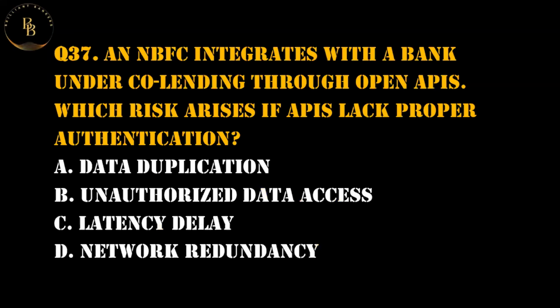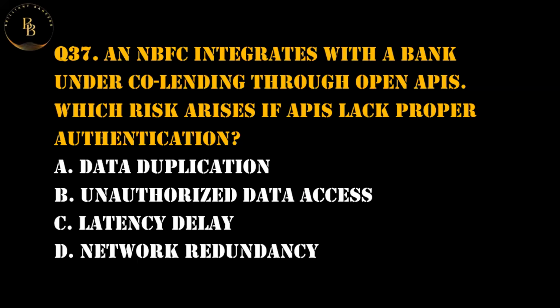Question number 37. An NBFC integrates with a bank under co-lending through open APIs. Which risk arises if APIs lack proper authentication? Is it data duplication? Is it unauthorized data access? Is it latency delay?